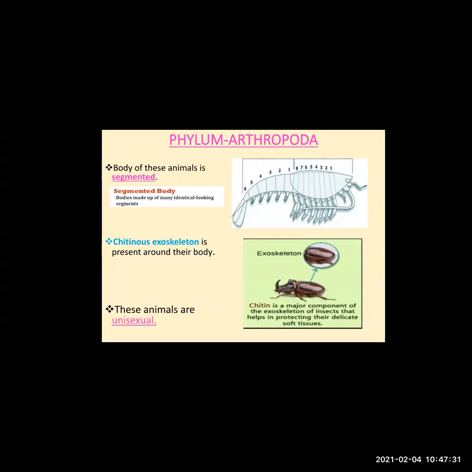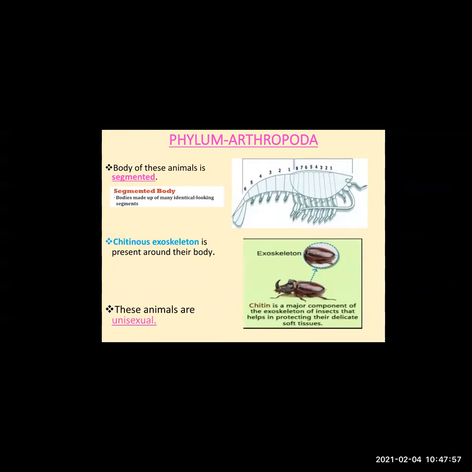And how are the structures of the body? There are different types of body structures. For example, crabs and prawns have a very hard exoskeleton, whereas worms like centipede, millipede, or scorpion and spider and flying insects are also included in it, but their exoskeleton is not that tough like crabs and prawns.